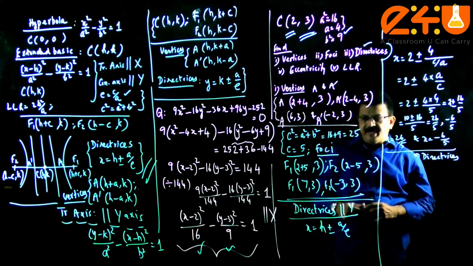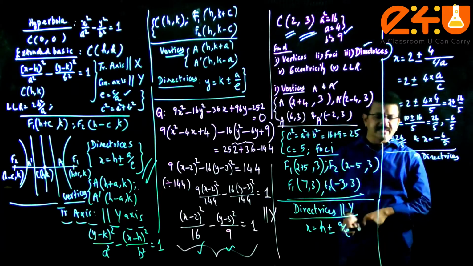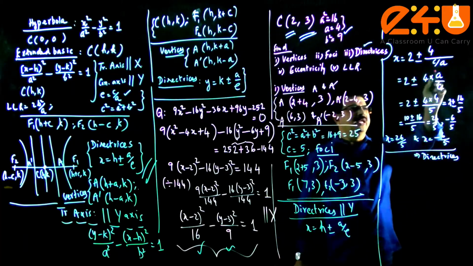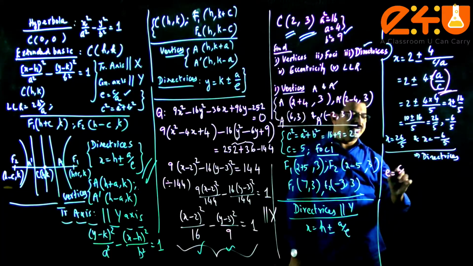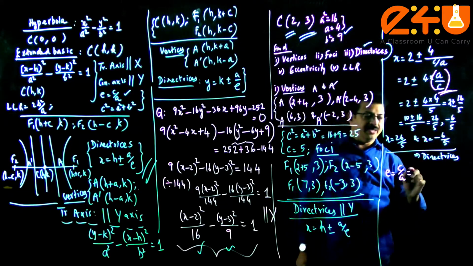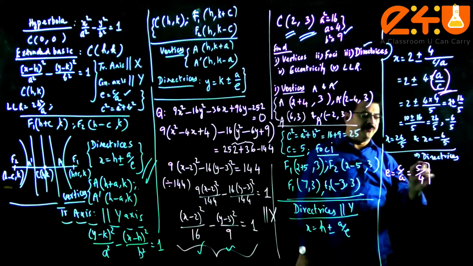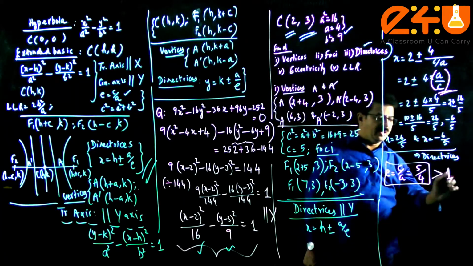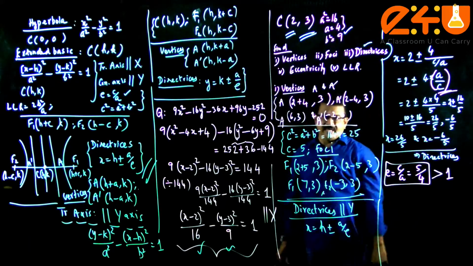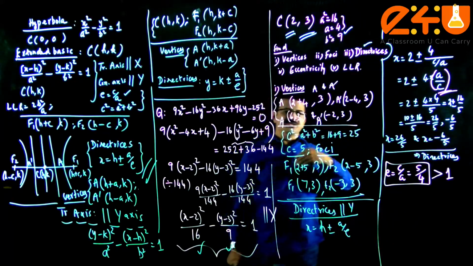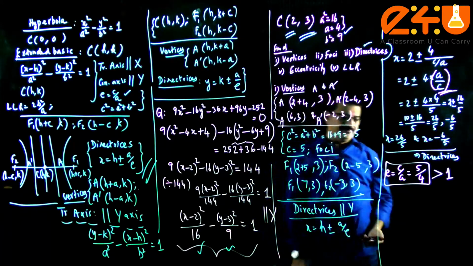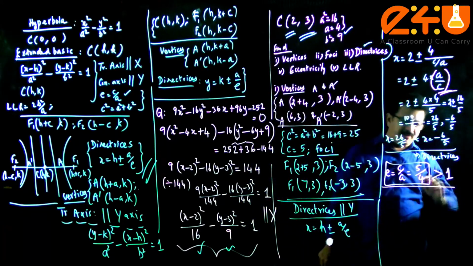So once you are done with the directrices, the last one, eccentricity, was already found here actually. So this terminology, this is e, c by a, c is 5, a is 4. As you can see, always just confirm once again, conceptually the eccentricity of a hyperbola is larger than 1. Please confirm it. So there is no error.